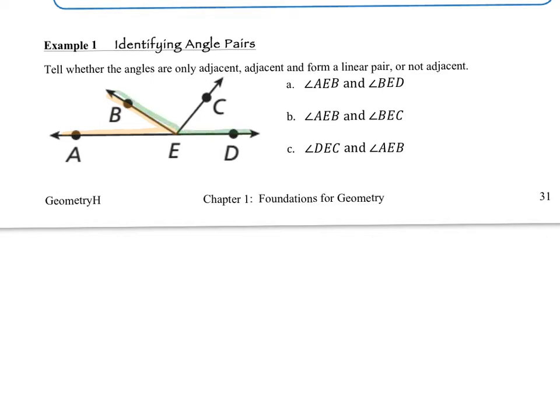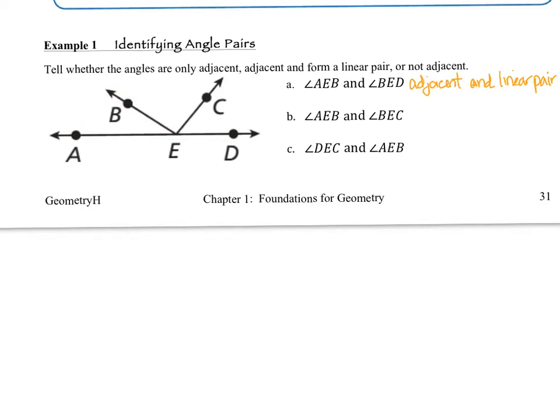When we look at those 2 angles together, they do have a common ray, or common side, and they do have a common vertex. So they are definitely adjacent. In addition to that, we can see that they form a line. That means that they are both adjacent and form a linear pair.